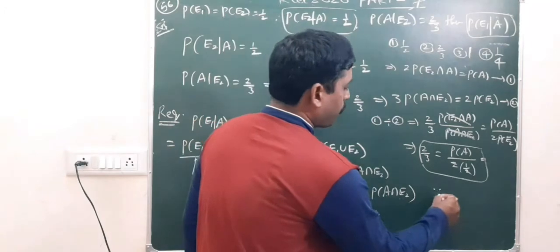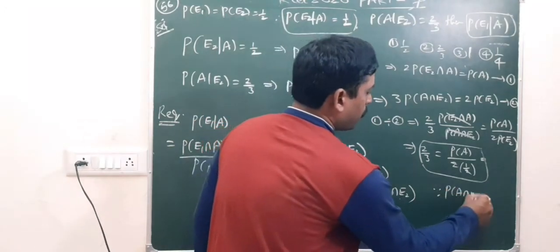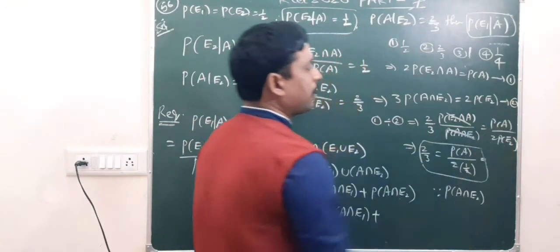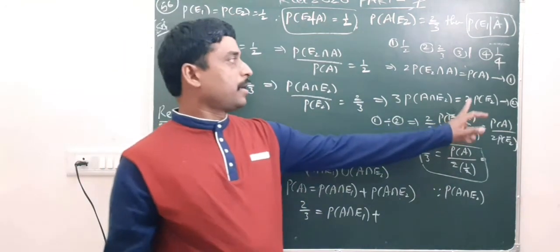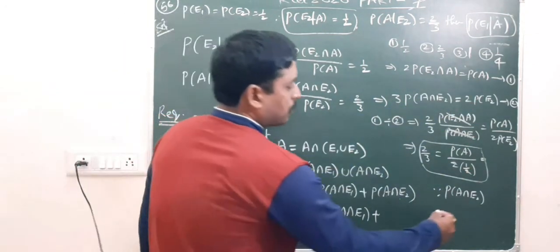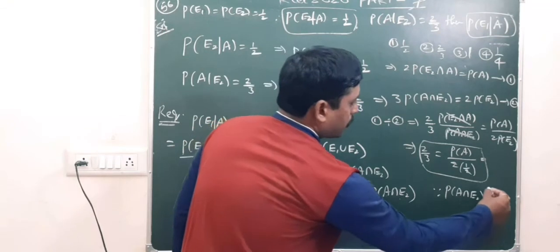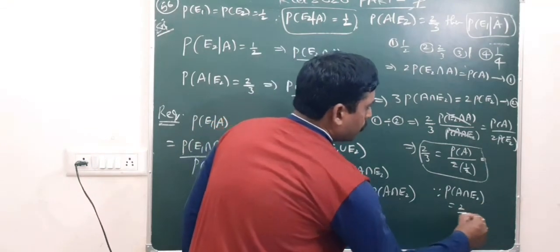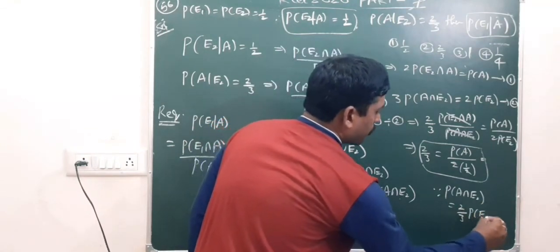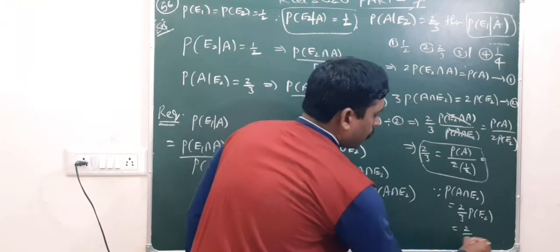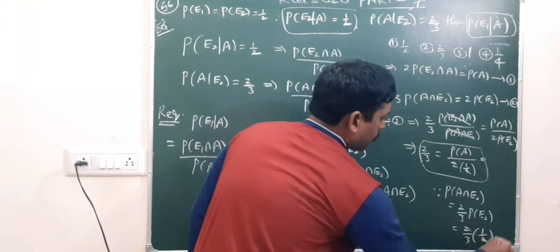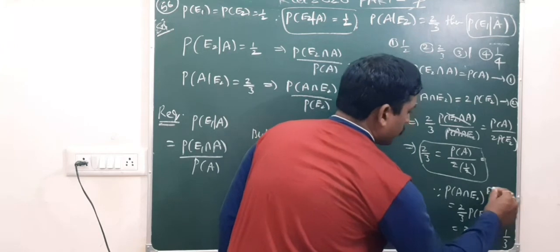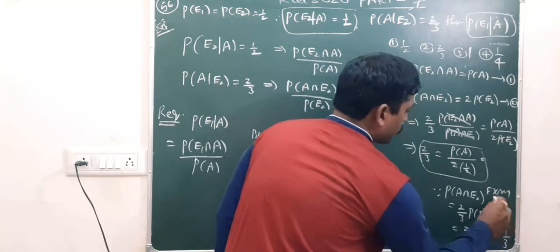So now we have to find this value also. P of A intersection E2 is equal to, from the second equation, 2 by 3 into P of E2. So 2 by 3 into P of E2 value 1 by 2 given, that is 1 by 3. This is from the second equation.